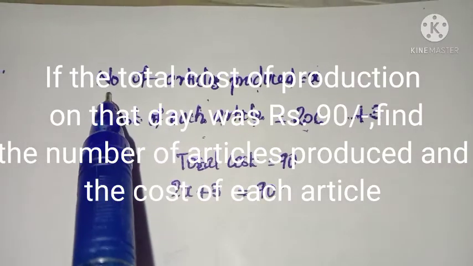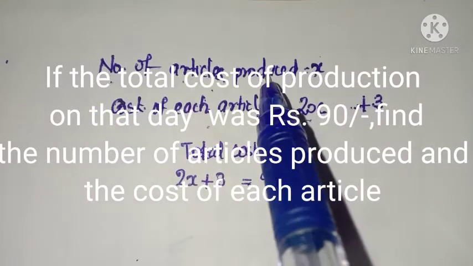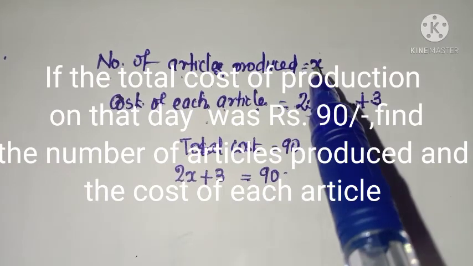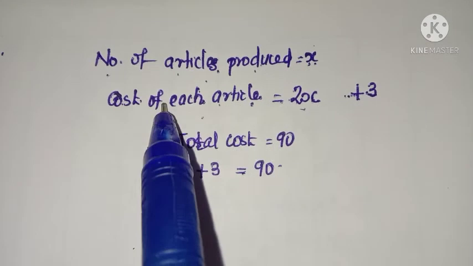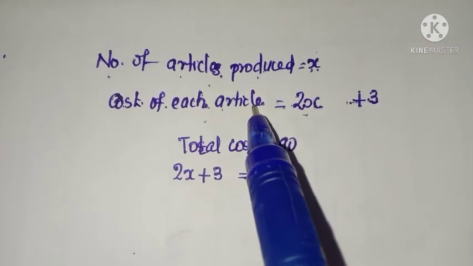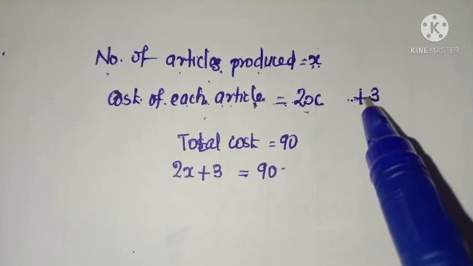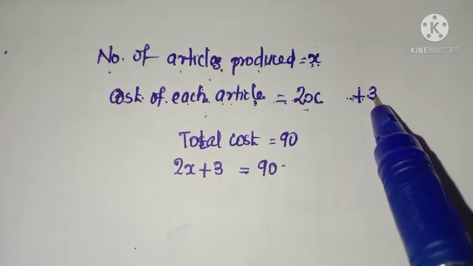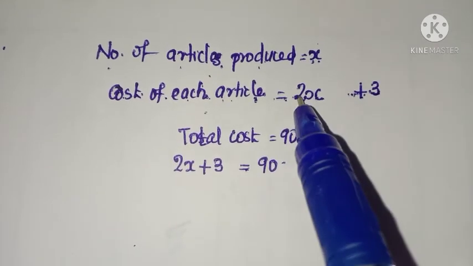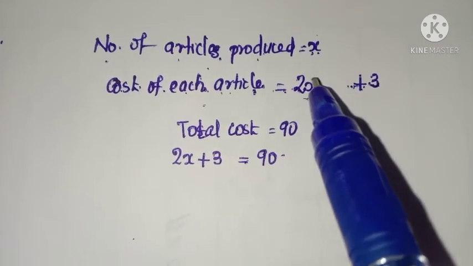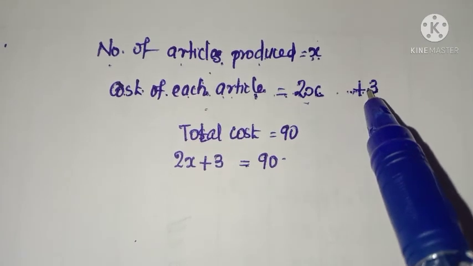Students, let us take the number of articles produced equal to x, and it is given that the cost of each article is 3 more than twice the number of articles. So 2x plus 3.